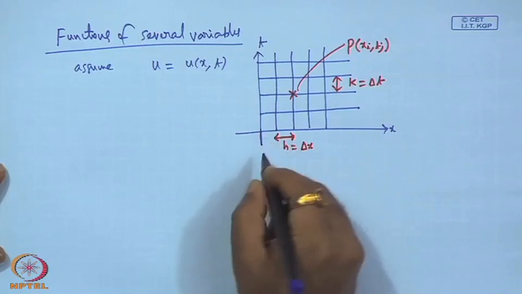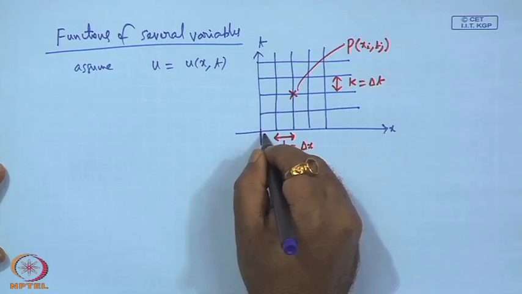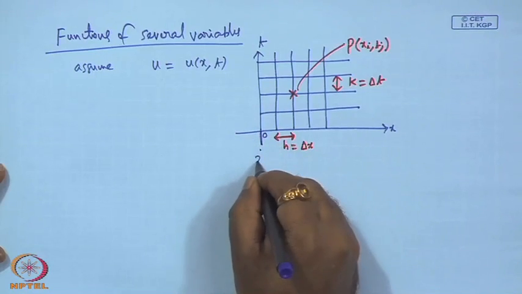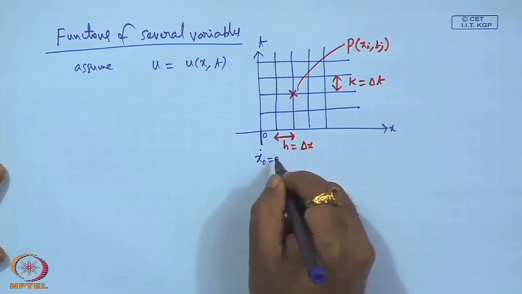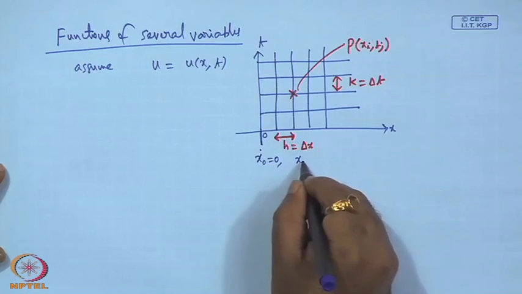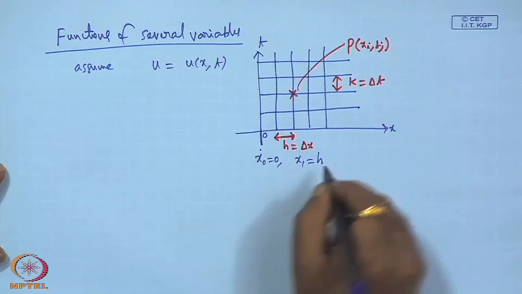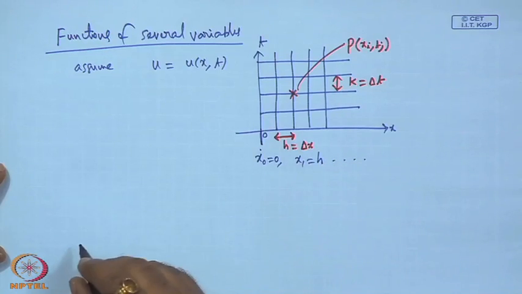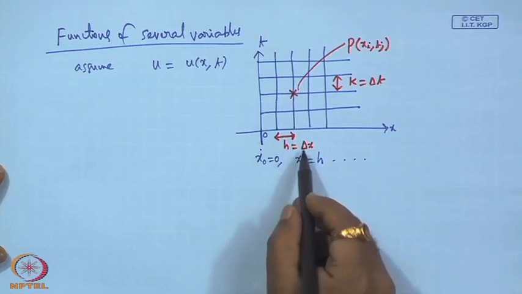Let us say this is x naught, typically 0. If you start with x naught as 0, then depending on the step size, x 1 is h, and so on.